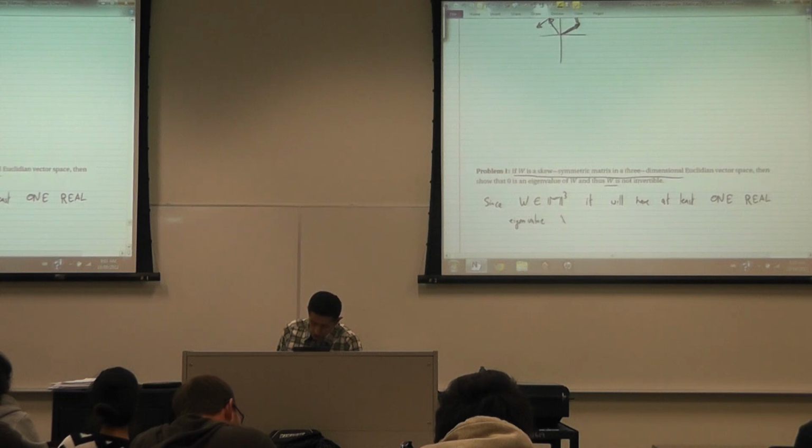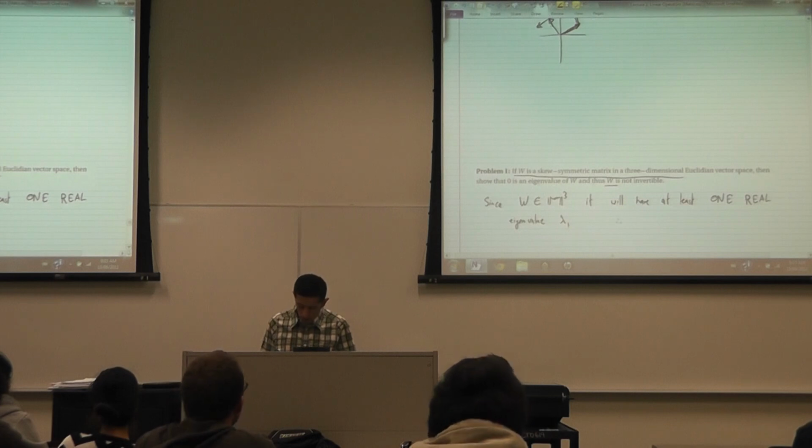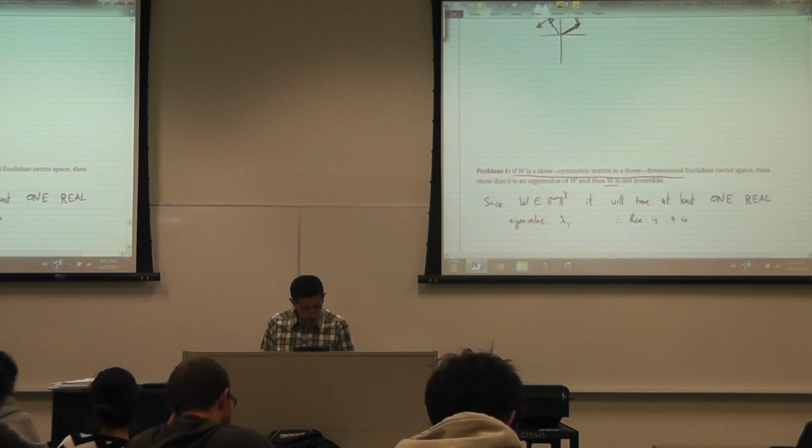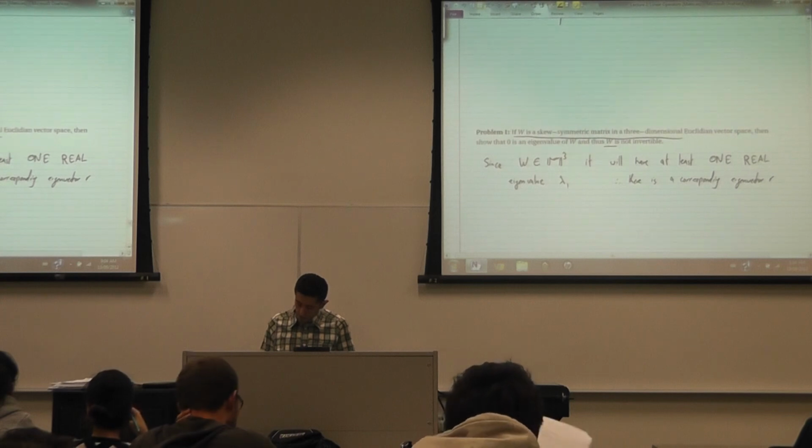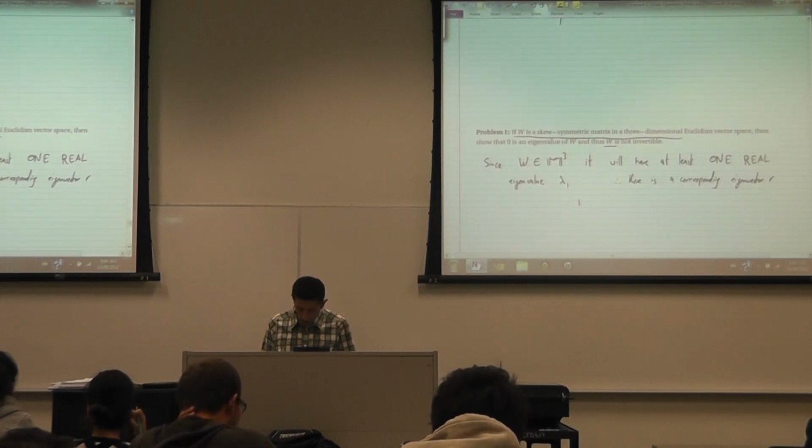Let's call it lambda. Therefore, there is a corresponding eigenvector R. Now I know that WR has to be equal to lambda 1 multiplied by R.